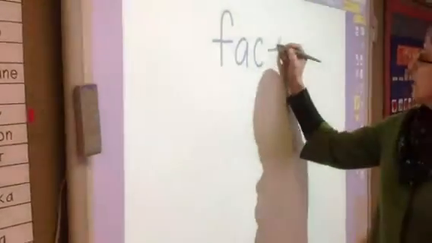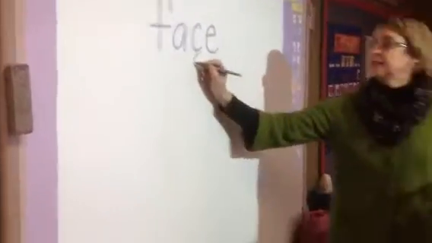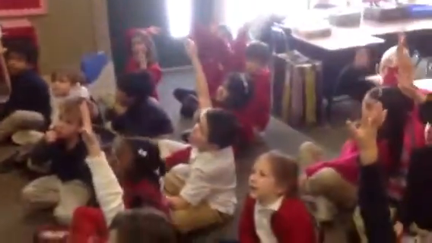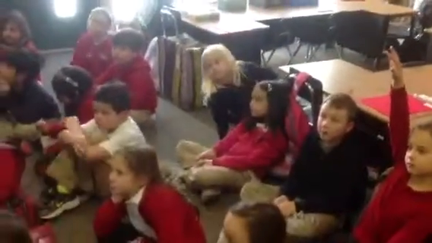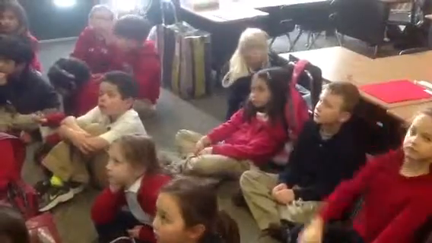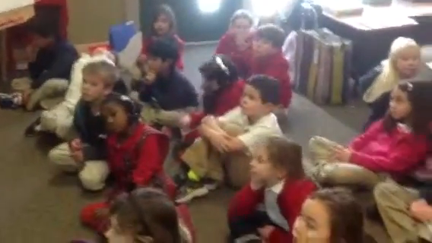Let's give an example of that. All right, how about this word? Look up here. Oh, I see C and E together. What do C and E say, Claire? Face. Yes, they say the S sound, so that would be Magic E making the A say its own name. Ace, space. Good job, Claire.